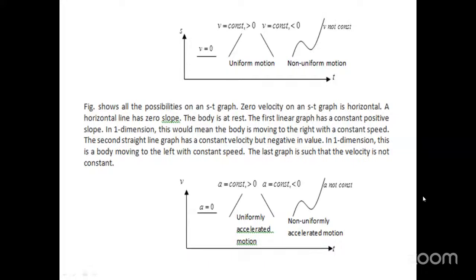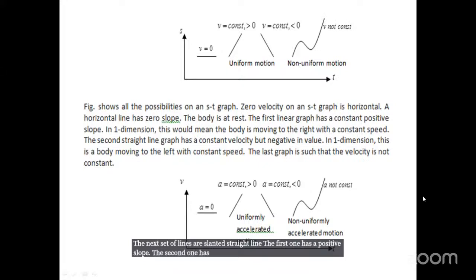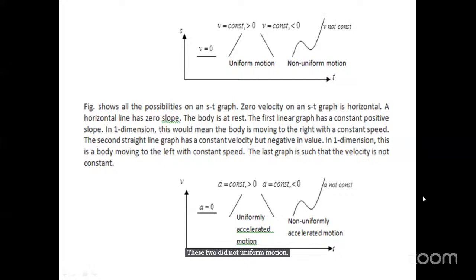Look at the graph in front of you now. The first horizontal bit, what is the velocity? 0, right? s is constant. The next set of lines are slanted, straight lines. The first one has a positive slope, the second one has a negative slope. These two denote uniform motion. The first one, the velocity is greater than 0.